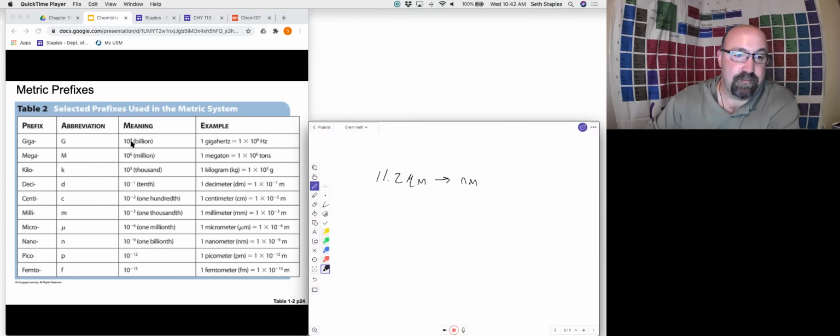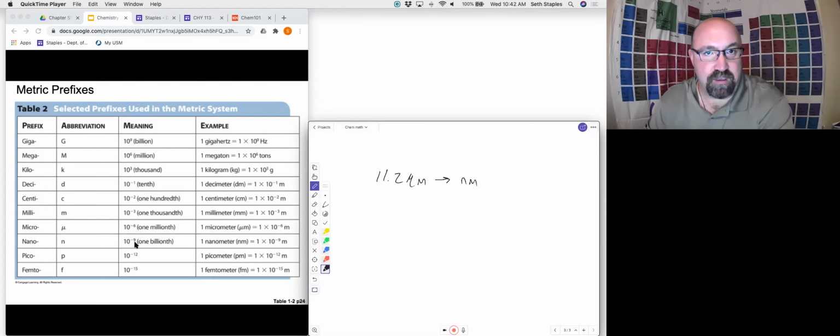Same exact idea. We can see that we're looking at micro here, which is 1/1,000,000th, has an exponent of 6. We're moving to nano with an exponent of 9, a difference of 3 decimal points, 3 powers of 10. And so we need to move our decimal point 3 places.